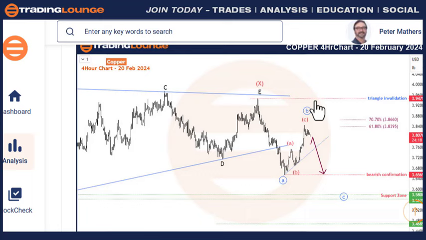But things do move out of sync for a week or 2 weeks, and we've seen that a little while ago with gold and the US dollar. So it's quite possible that some of these markets could end up leading off, but I don't have enough confidence in the structures to say that at this stage.